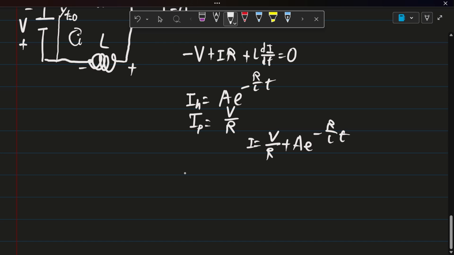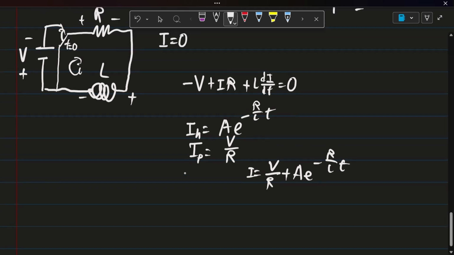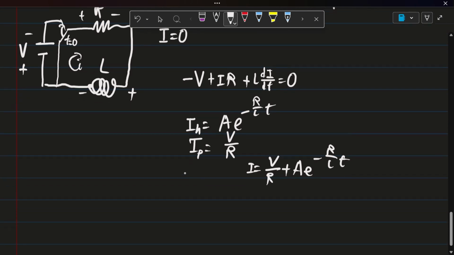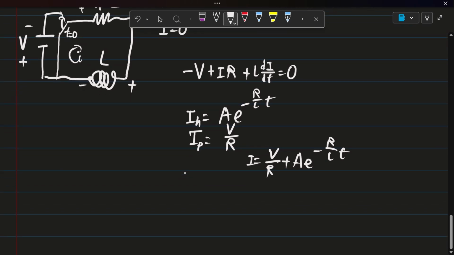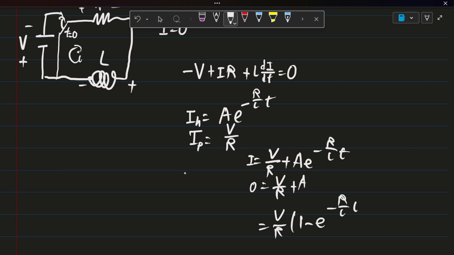What we could do now is determine this A from our initial condition, which is when time equals 0, this I should be 0. So 0 equals V over R plus A. So we know what A is. It's V over R, 1 minus e to the power of negative R over L t.